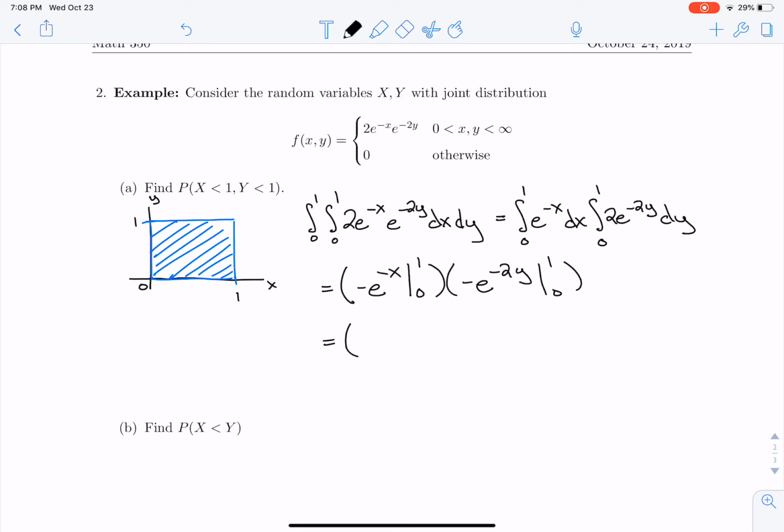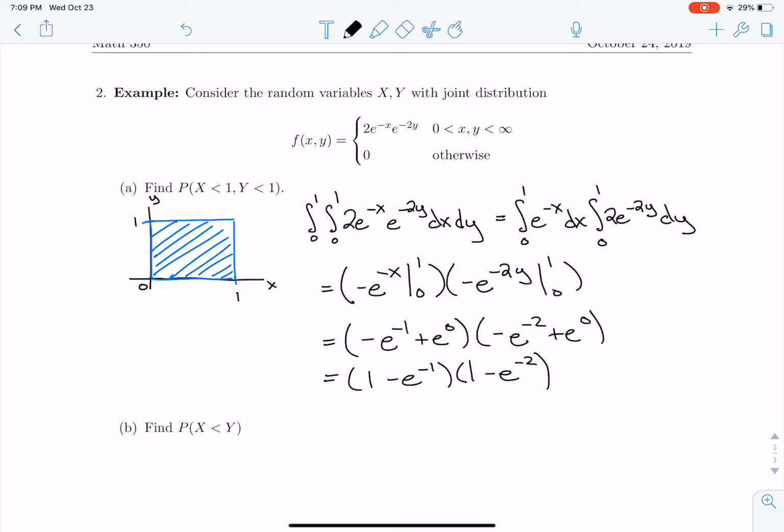So here we get minus e to the minus 1 plus e to the 0, and then minus e to the minus 2 plus e to the 0. We can also write that just as 1 minus e to the minus 1 times 1 minus e to the minus 2. And that's the probability that x is less than 1 and y is less than 1.